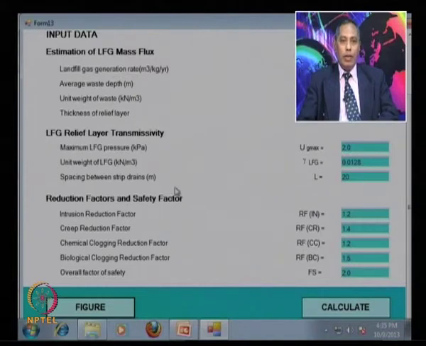And these are all the reduction factors for intrusion, for the creep, for the chemical clogging and biological clogging, and overall factor of safety, that is 1.2, 1.4, 1.2, 1.5 and 2.0.